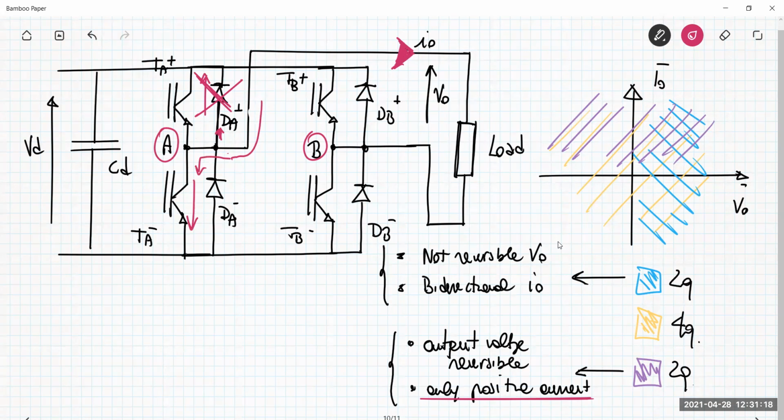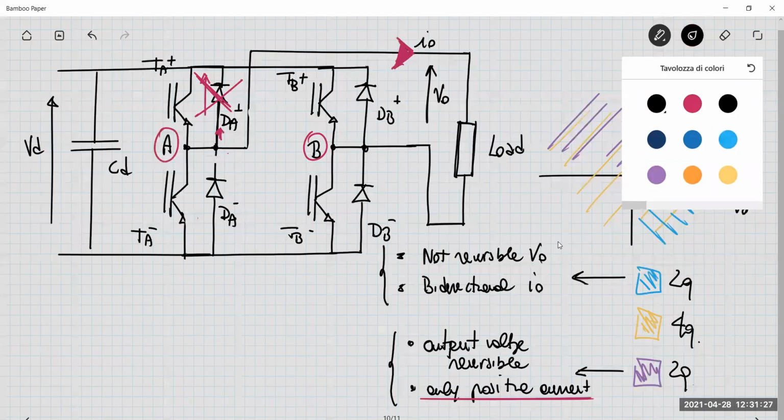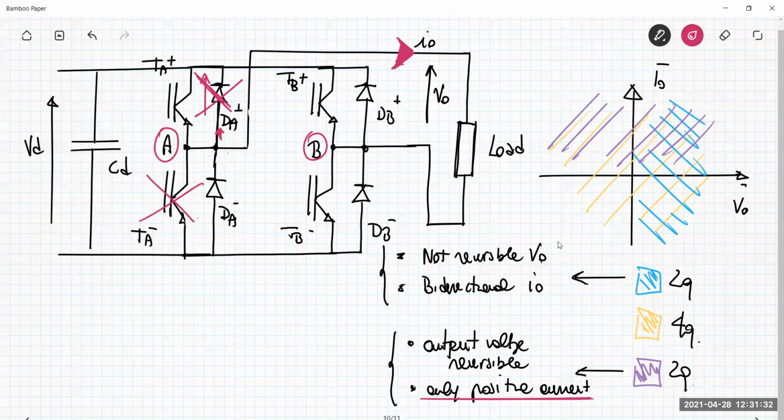So again, this transistor is useless in my only-positive-output-current circuit, so I can eliminate it. What about dA minus? dA minus is a diode that supports a current flowing in this way, and so this current is exactly concordant to the positive output current. So this is something that I have to maintain in my final circuit.